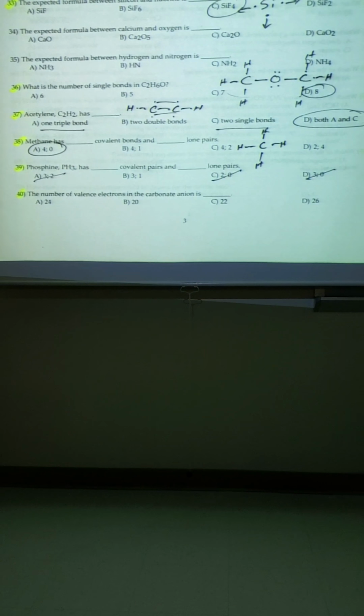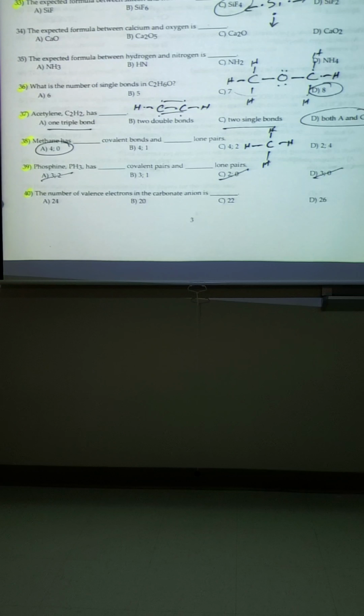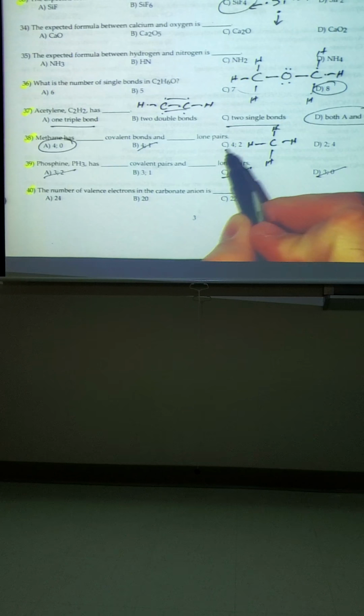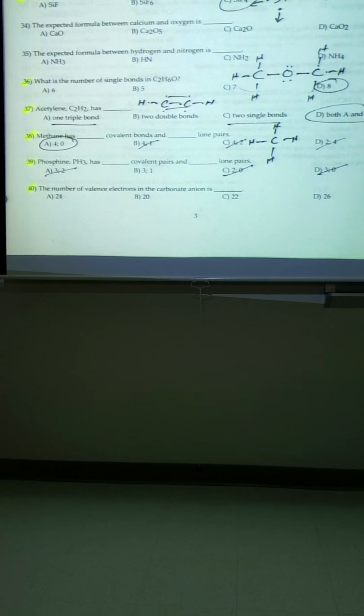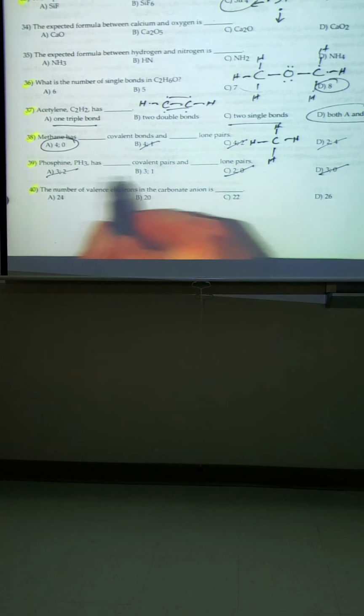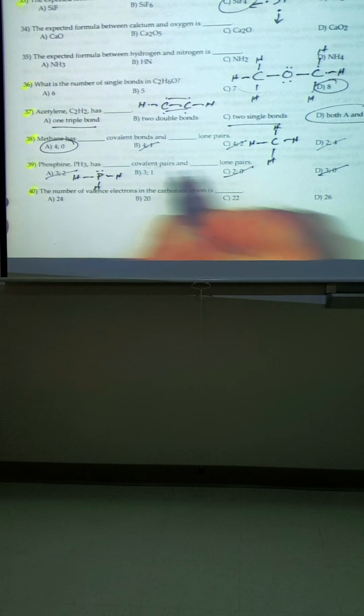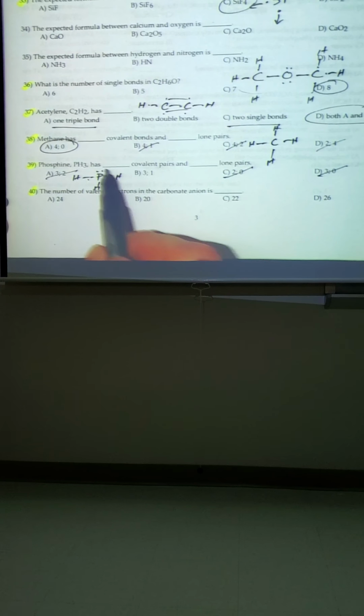So when that happens, just be aware that the magic number is 4 pairs because you can only have 8 electrons. So even these up here would be crazy because that would be much more than the number of pairs you could have to make 8 total electrons. The reason that phosphine does this is because phosphine has 5, it's going to connect to 3 hydrogens. And that's going to give you 3 bonds and then 1 lone pair.